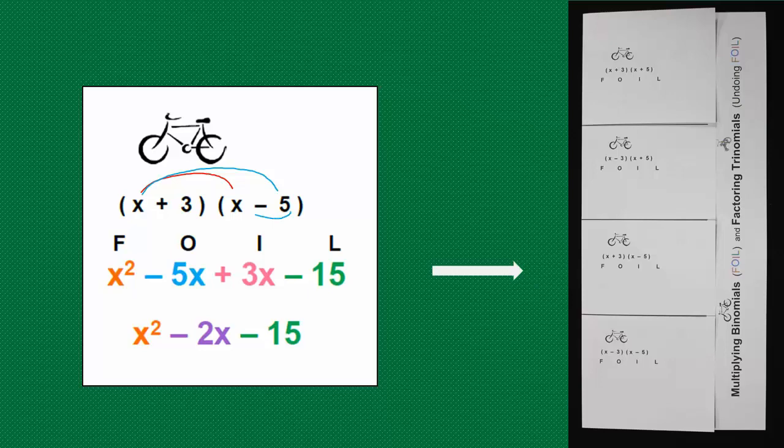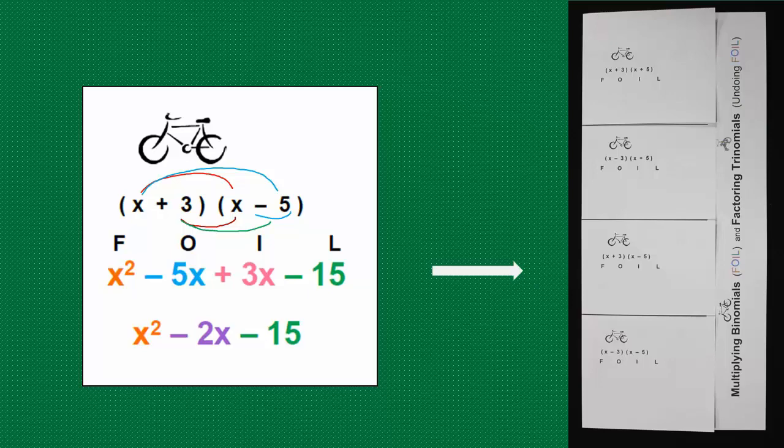Remember that we take the sign with the number. So that is negative 5x. Our inside is 3 times x. So that is 3x. And last is 3 times negative 5, which is negative 15.